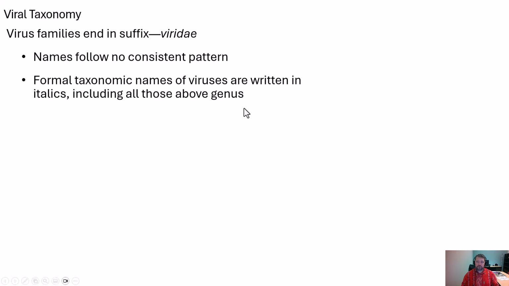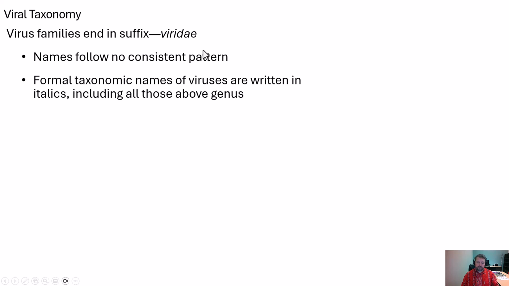The genus and species of the virus is not italicized. And that's the opposite of living organisms, where the ranks above genera are not in italics, and the genus and species are in italics. Okay? And you'll see that virus families end in -viridae, so that indicates the family is a virus.